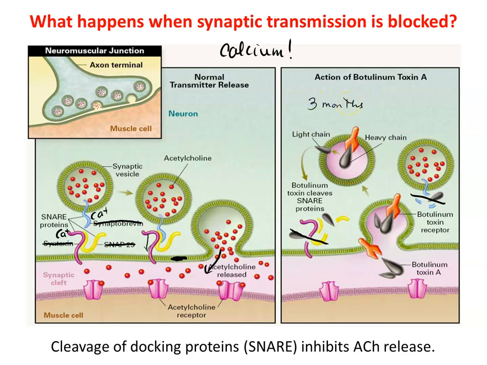So if you now get a Botox shot in your face and you don't like it, guess what? You're going to have to live with that. But don't worry, because in 3 months your snare proteins will grow back, and then you'll have regular motion of your face.